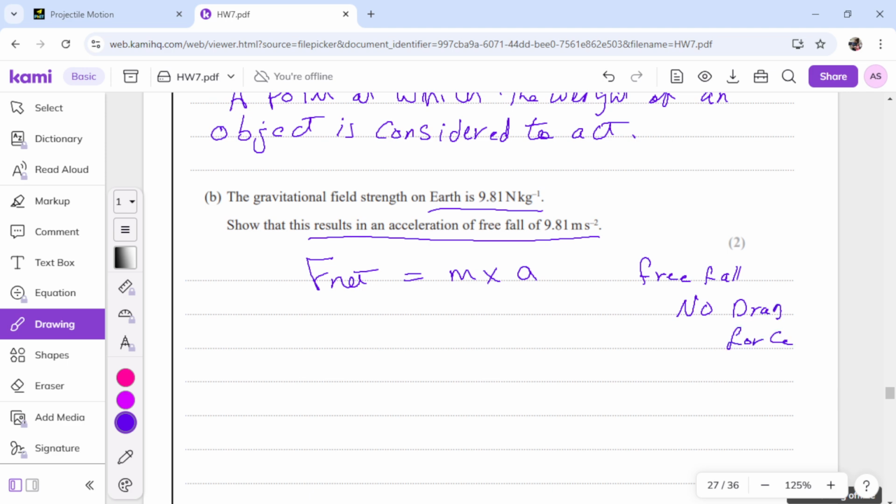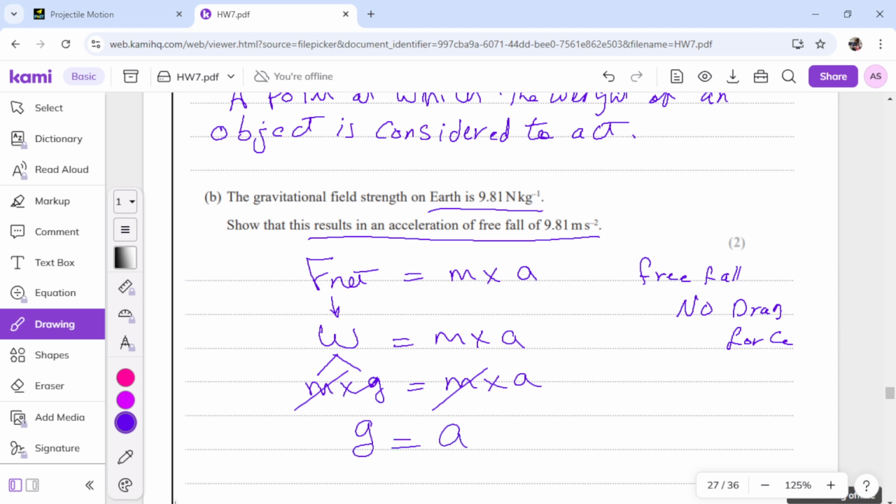So the only force acting here is weight, equals ma, and because weight equals mg, so mg equals ma. We can cancel mass from both sides, so g equals a. This is why acceleration equals 9.81.